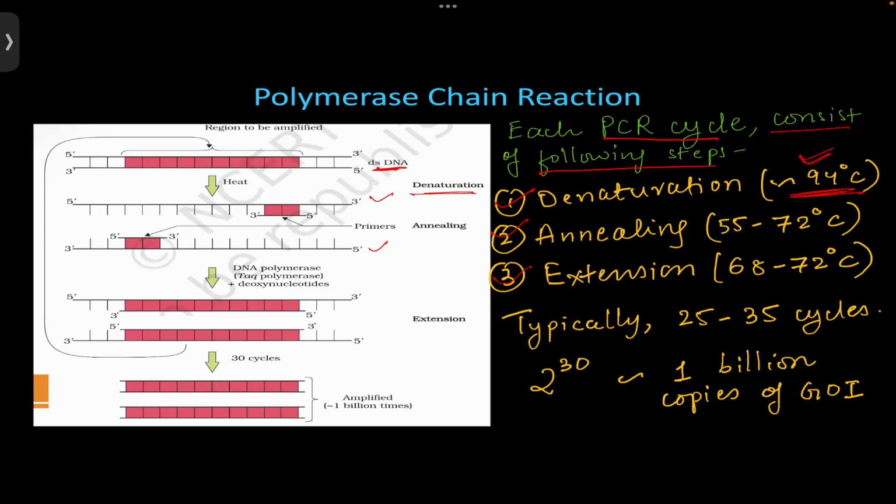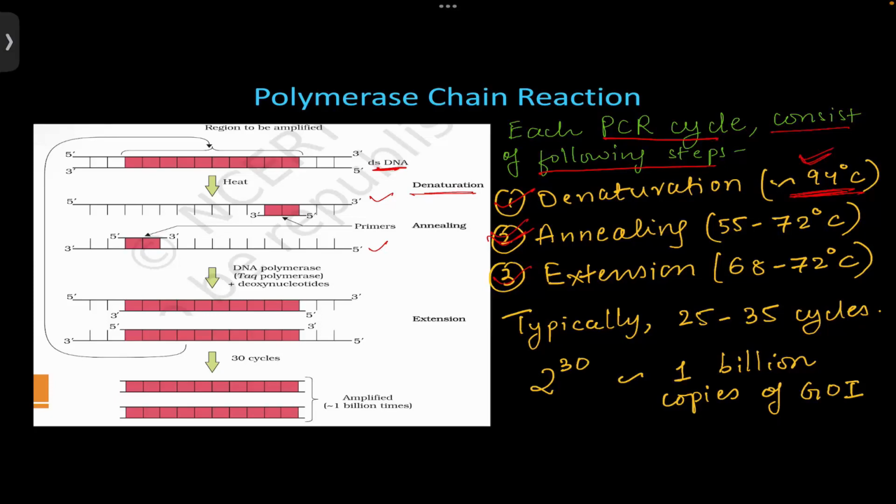Now, after the first step, where from a double-stranded DNA molecule you are getting two single-stranded DNAs, you will do the second step. That is annealing. Now, what is annealing step? Remember, we talked about primers, which are synthetically made small oligonucleotides.